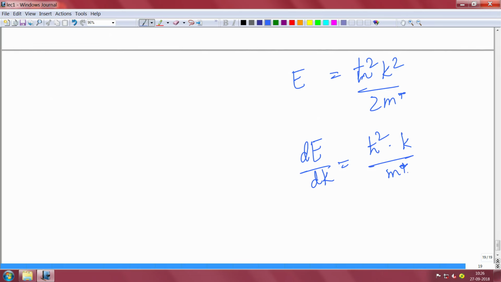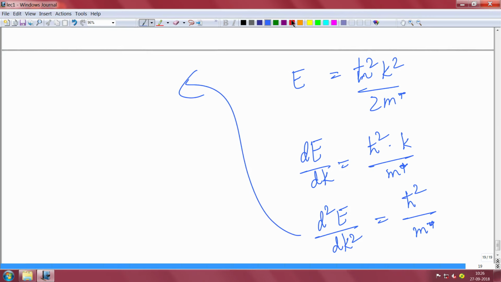That is the derivative. Now, I take another derivative, d square E by d k square. What do you get? You get h square by m star. So, I can write m star equal to h bar square divided by d square E by d k square.